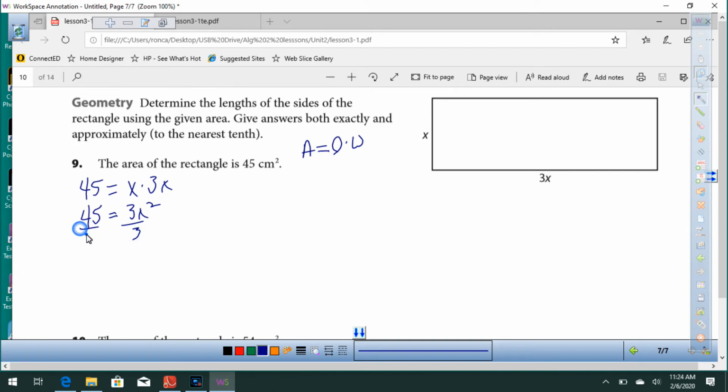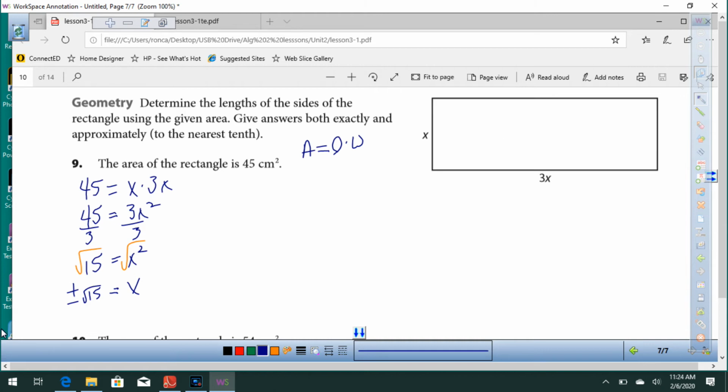Now we can solve it. Divide both sides by 3, and you get 15 equals x squared. We're going to take the square root of both sides, and we get plus or minus the square root of 15 equals x. Can we have a negative? We can't have a negative length. It has to be 0 or larger.